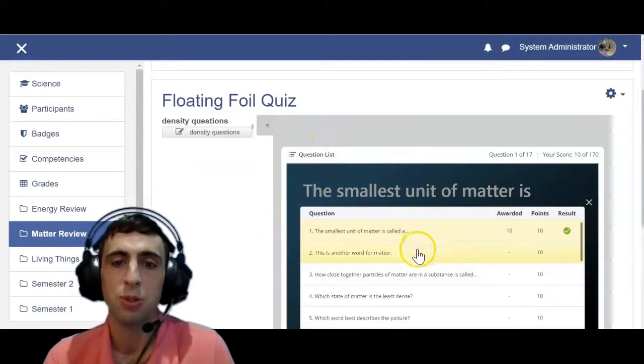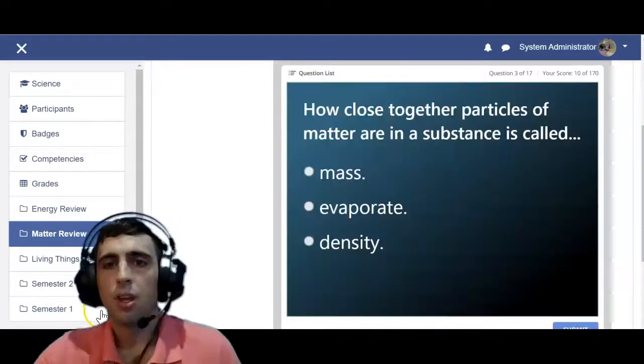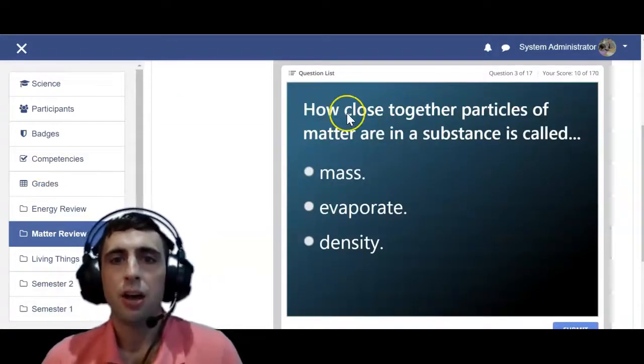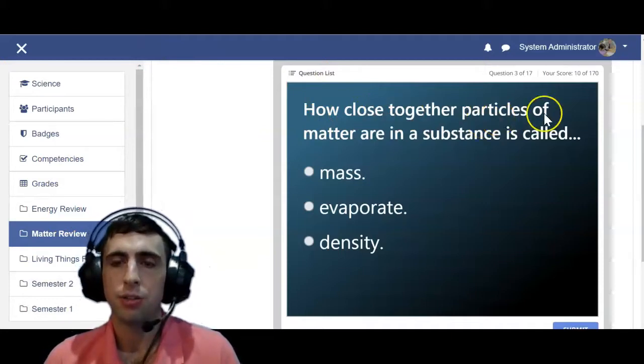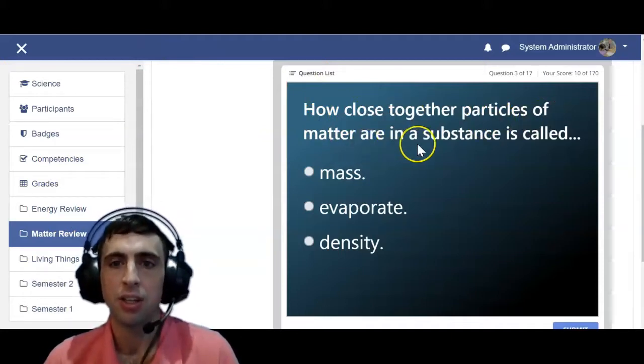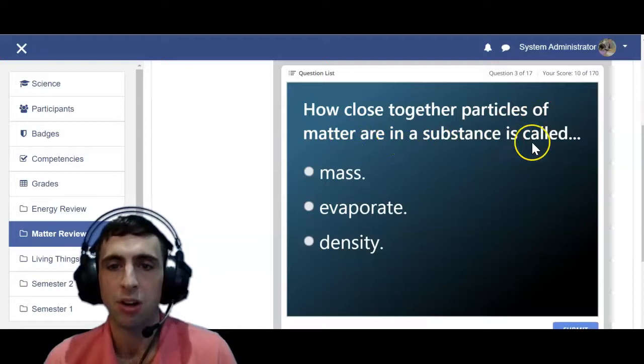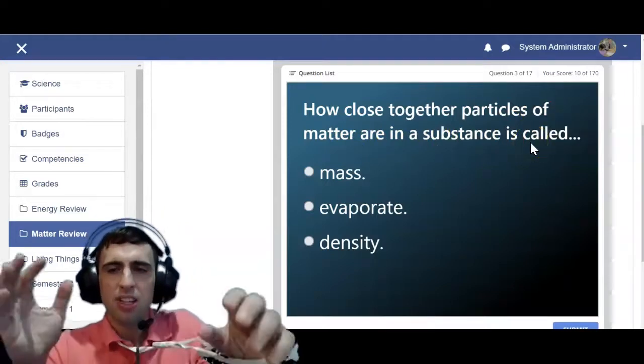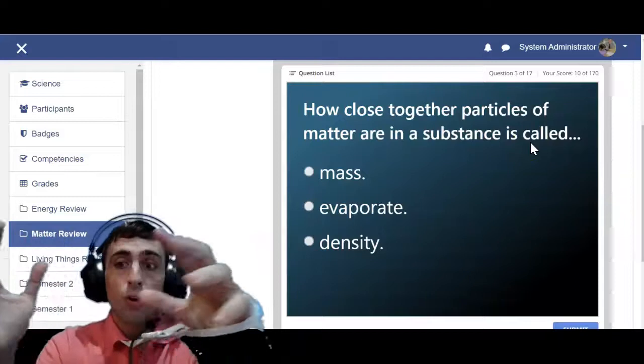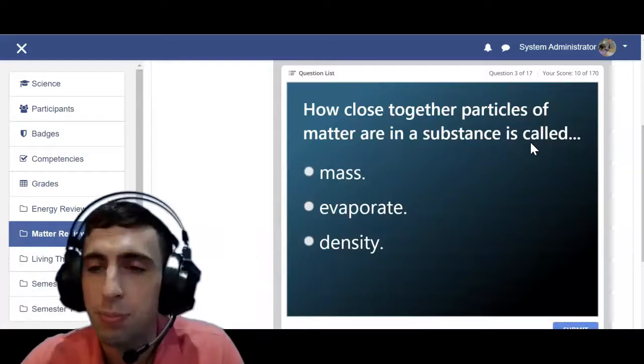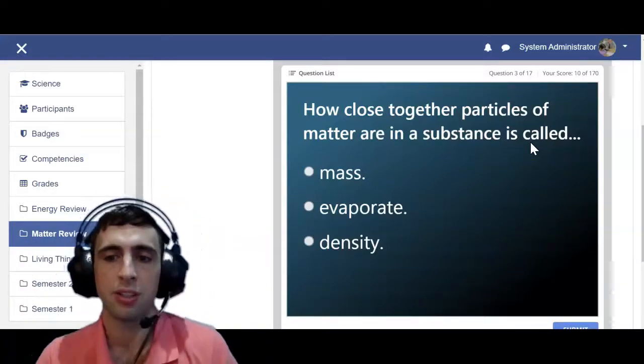Now I want to skip to another question. This question says, how close together particles of matter are in a substance is called... Now remember, this is how close together or far apart these tiny particles are.